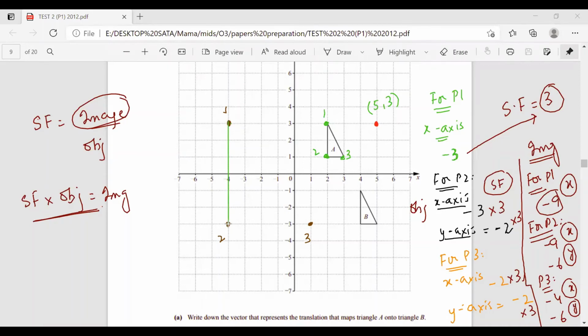This, this, and this. Done. So this is my triangle C, which is basically enlargement of triangle A. If I draw the lines from these points, I can say like this.